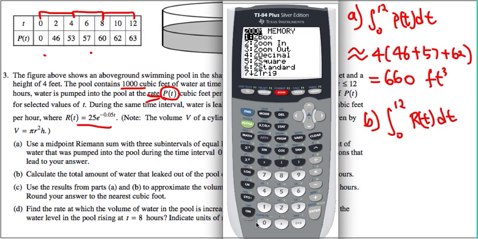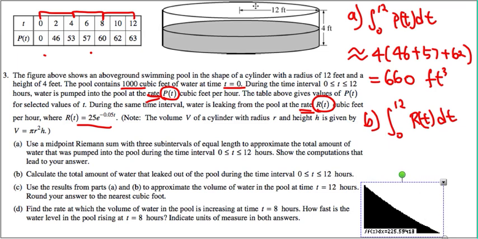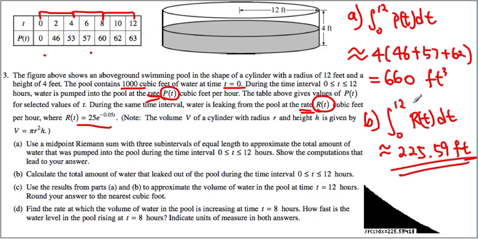And once again, zoom fit, which is equal to 0, will get us a nice picture. So that's basically what's happening. Alright, then we can calculate the integral, number 7. Lower bound becomes 0, upper bound becomes 12. So it's approximately 225.59 cubic feet. That is the amount of water that has leaked out during that time.